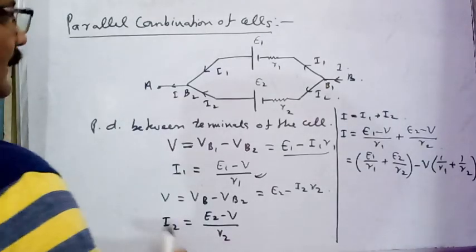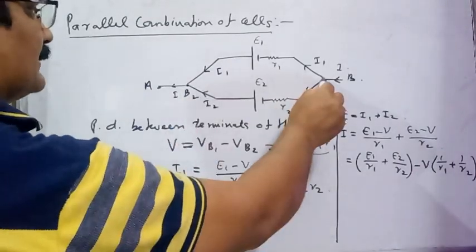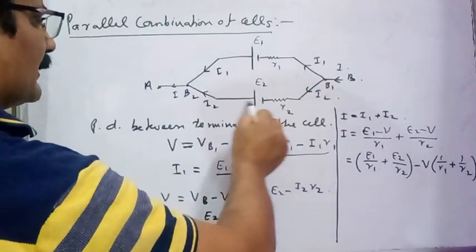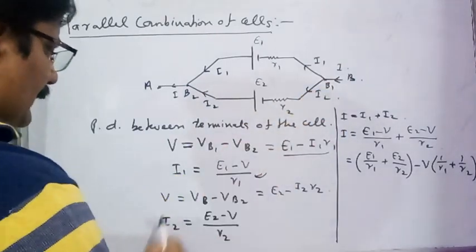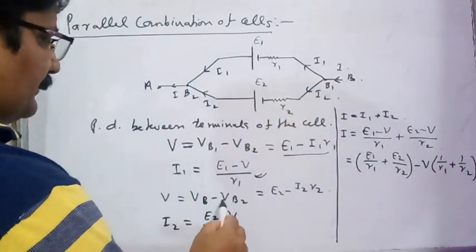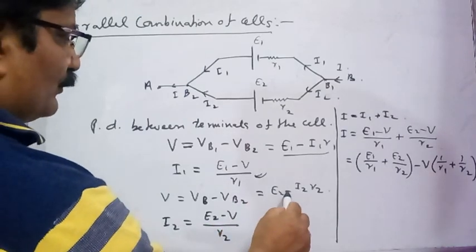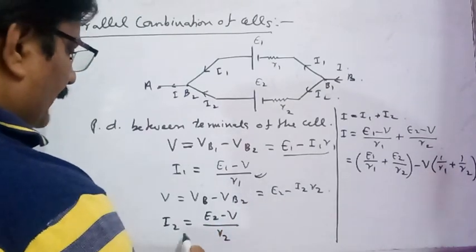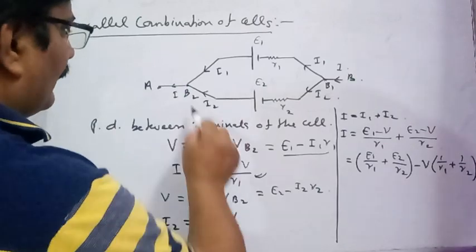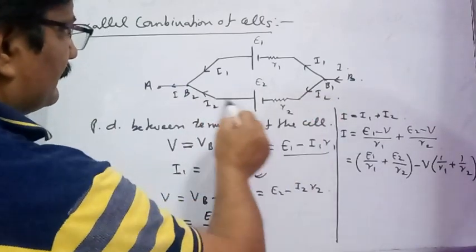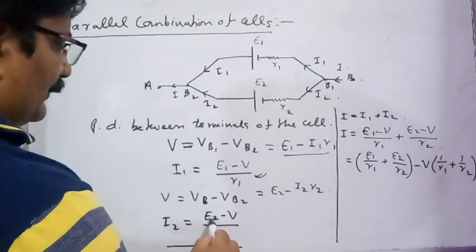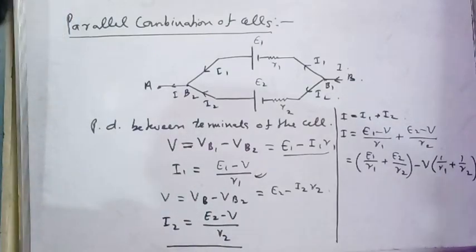Similarly, the potential difference across the terminals of the cell E2, that is V equal to VB1 minus VB2, is going to be E2 minus I2 R2, and the value of the current in the second arm of the circuit is I2 equals E2 minus V by R2.